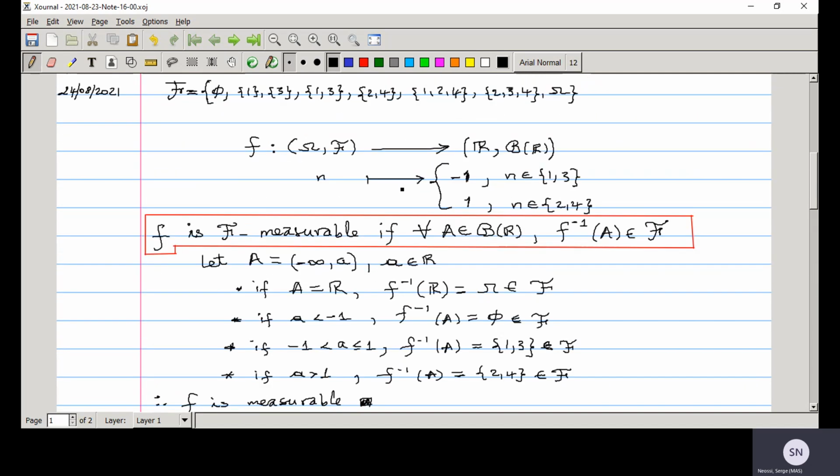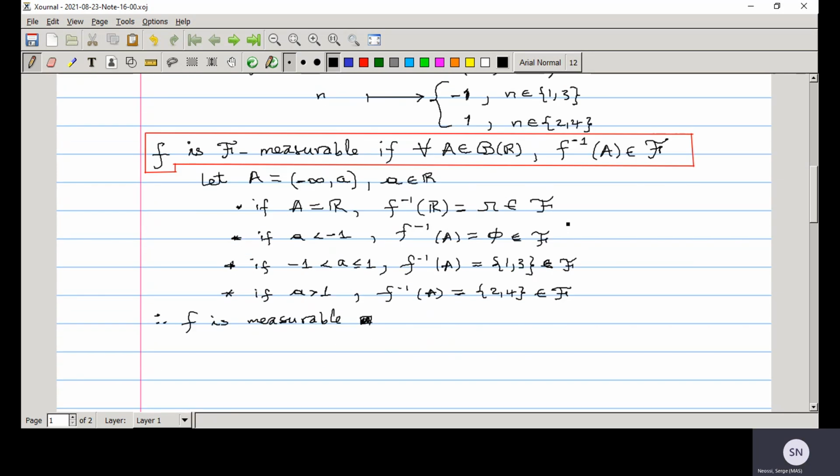Now, yesterday I took this form, open on both negative infinity and A. I could have also closed here, or you can even use the open interval (a, b). So all possible intervals will also generate the same sigma algebra.